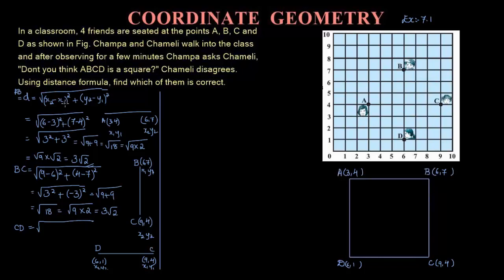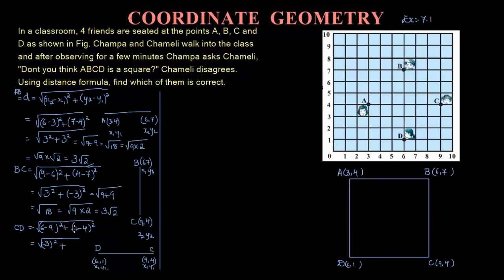So x2 minus x1: x2 is 6, so 6 minus 9 whole square, plus 1 minus 4 whole square. Then 6 minus 9 is actually minus 3, because the bigger number has the negative sign.